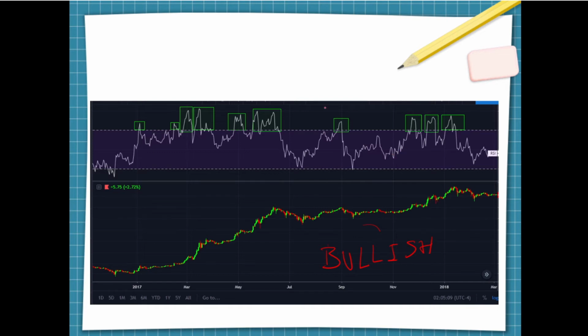The market is clearly telling you that this is a bullish trend, because as you can see, we have barely one oversold, with 70 and 30 as the bands, and we have 1, 2, 3, 4, 5, 6, 7. That's like 10 times overbought.